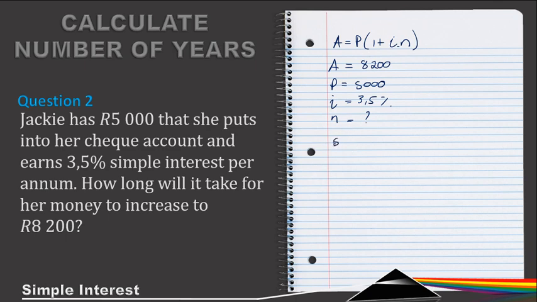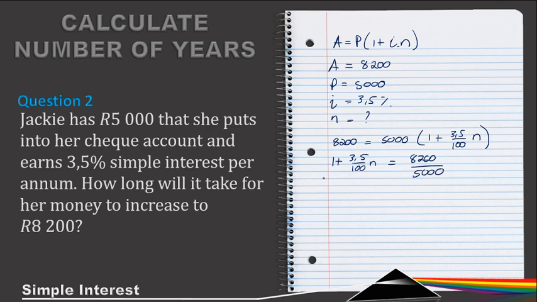We have 8,200 equals 5,000, times 1 plus the interest, 3.5 over 100, times the N that we want to solve. So divide both sides by 5,000. We have 1 plus 3.5 over 100 N is equal to 8,200 over 5,000.